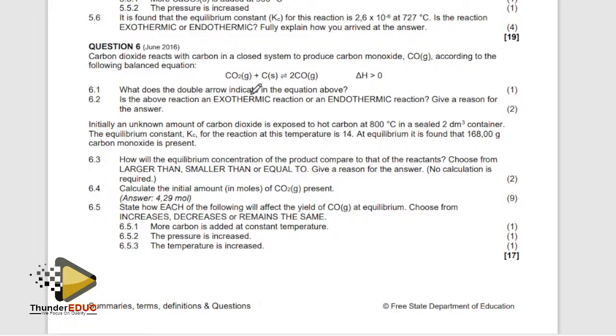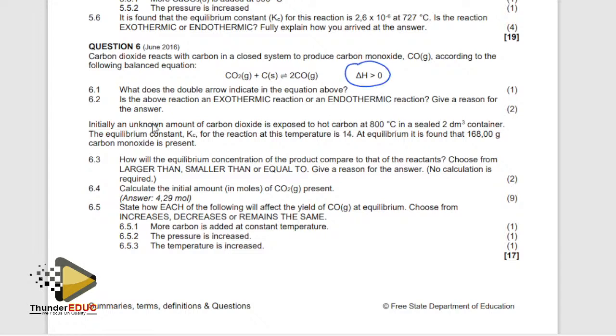The double arrow indicates that it's a reversible reaction. Then they are asking, is the above reaction endothermic or exothermic? You have to look at the enthalpy change here. If it is greater than 0, then it means that it is endothermic. If it is less than 0, it means that it is exothermic. So in this case, it's greater than 0, therefore it is endothermic.